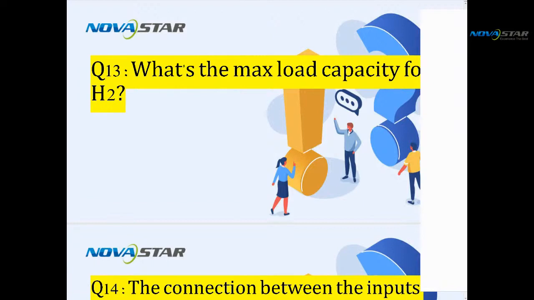So if we're using 20 RJ45 output cards, the loading capacity for two output cards will be 13 million pixels.